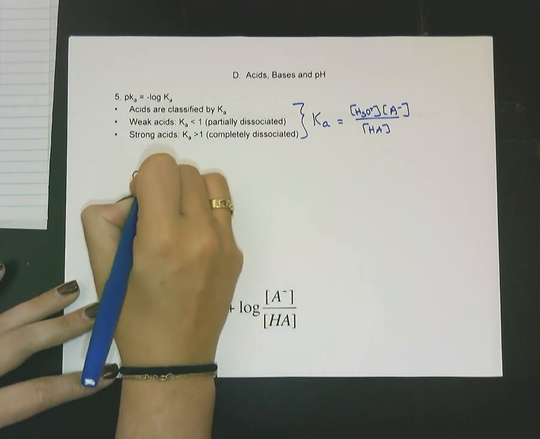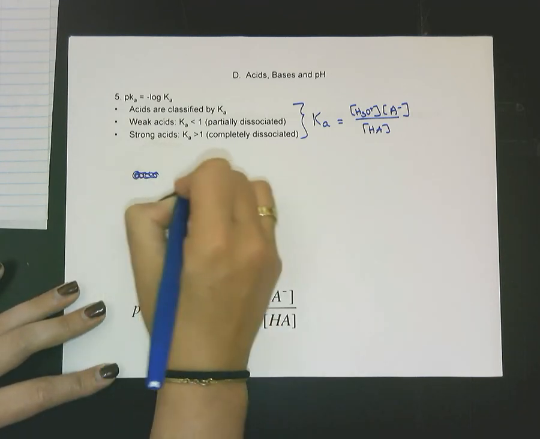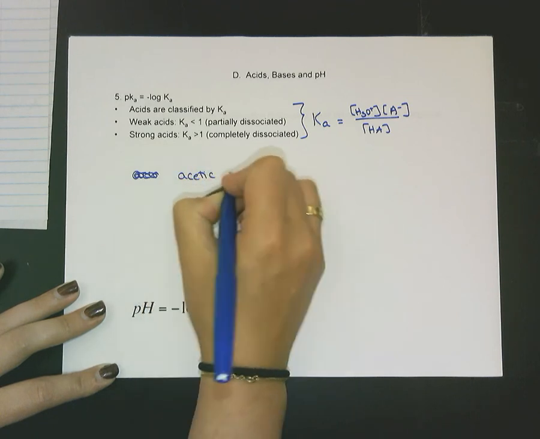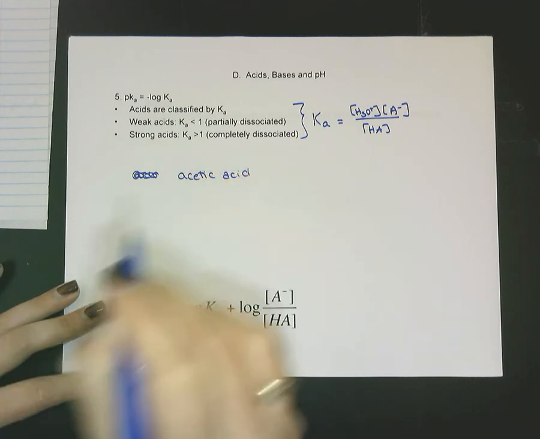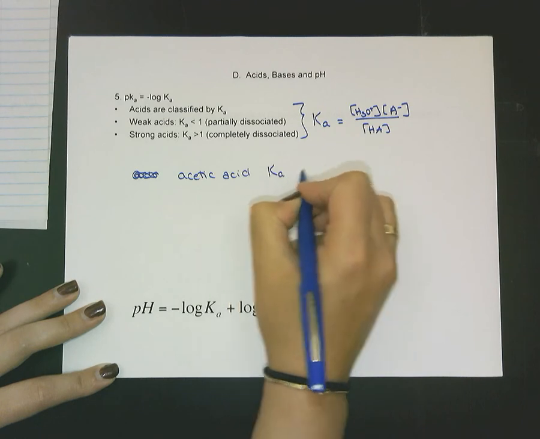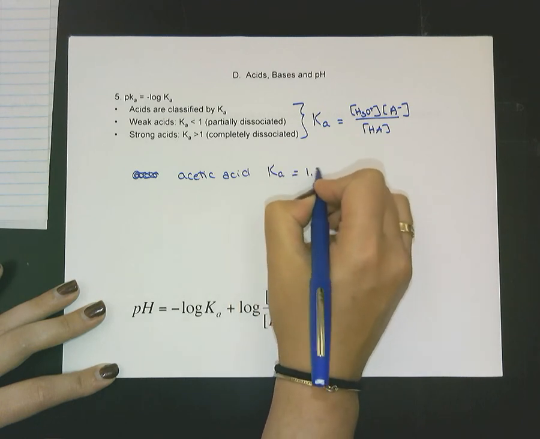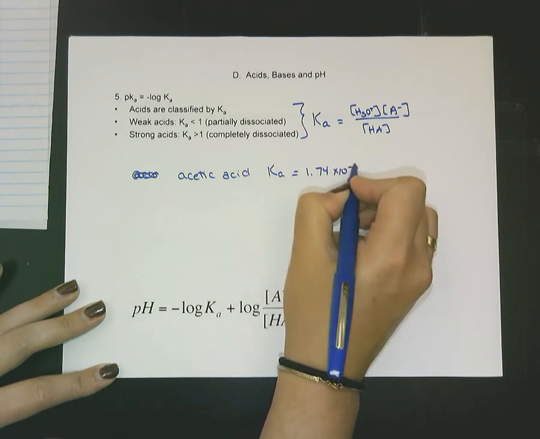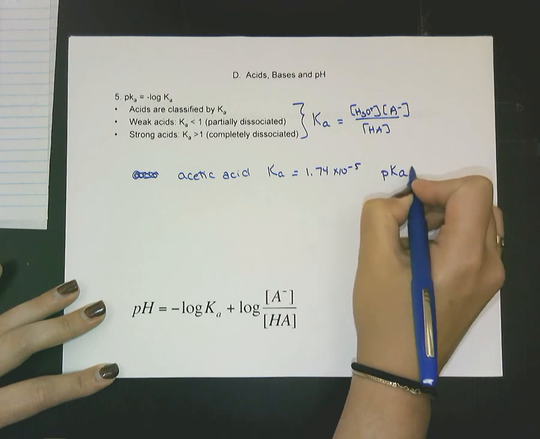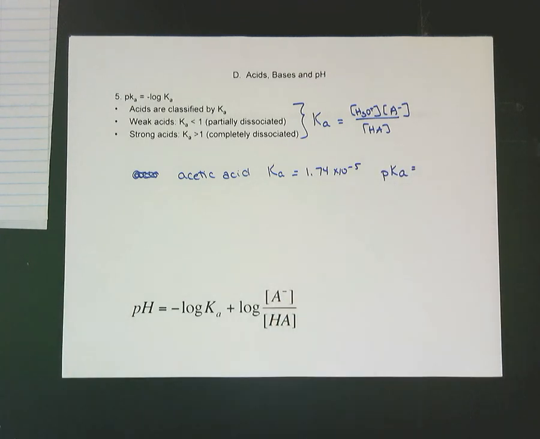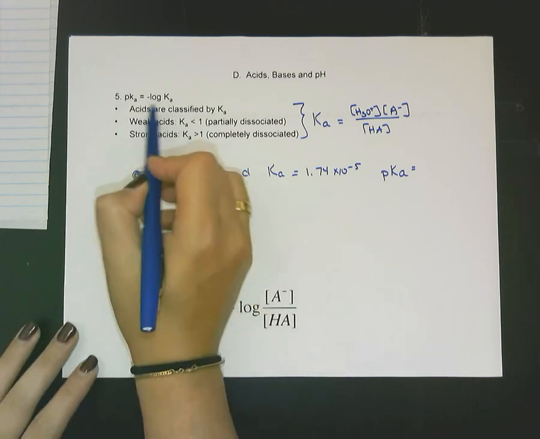Let's say I have acetic acid. The Ka of that is 1.74 times 10 to the negative fifth. What is the pKa of that acid? Go ahead and just plug it in there.